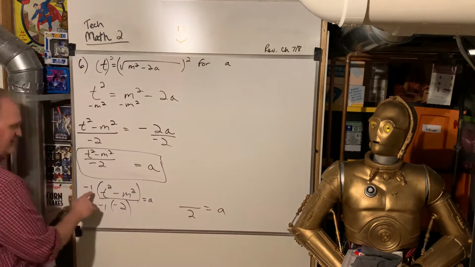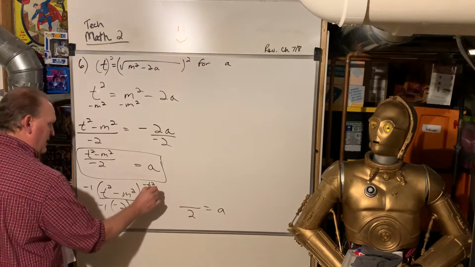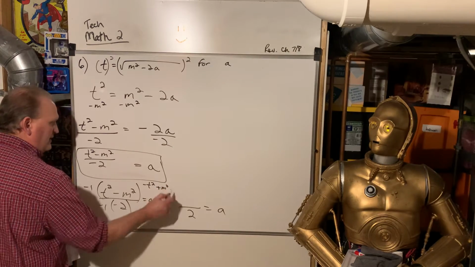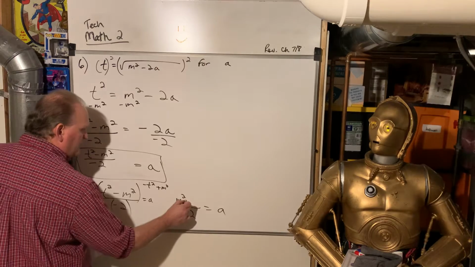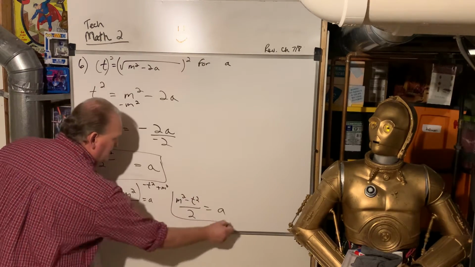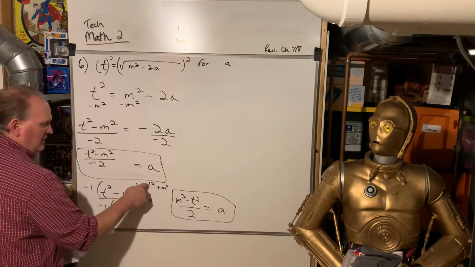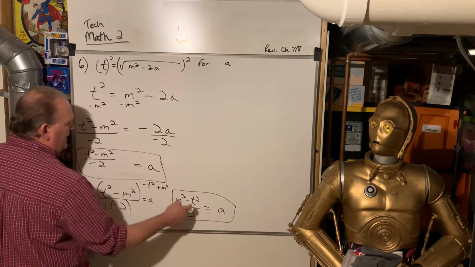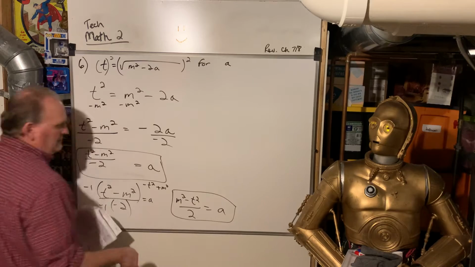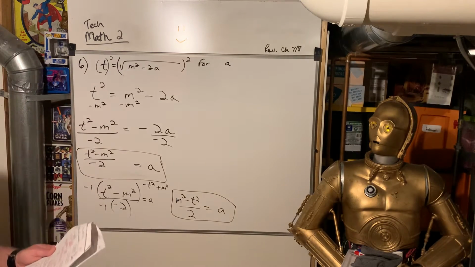And then you have negative t squared plus m squared, and the book will always write it the other way, m squared minus t squared, so they don't have to write the negative out in front of it. I don't care, again, if you wrote negative t squared plus m squared, that's fine, or m squared minus t squared, that's fine. Either way, over positive 2.